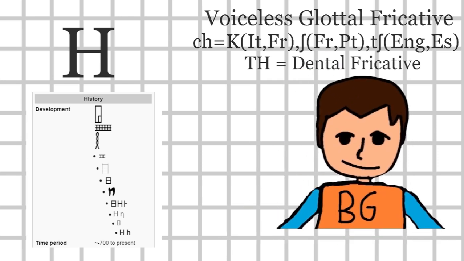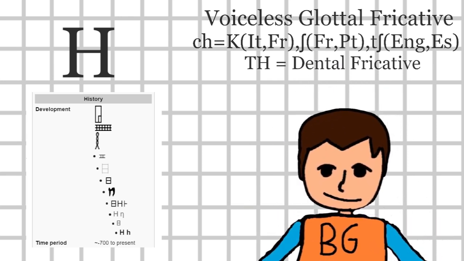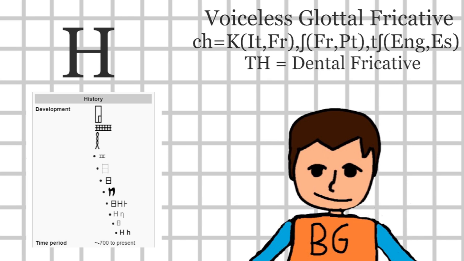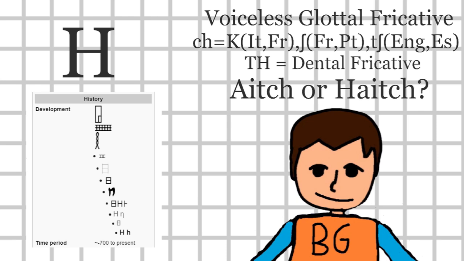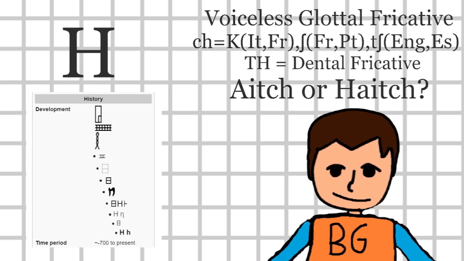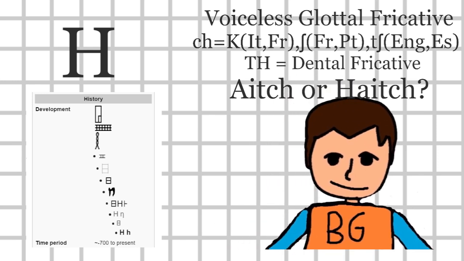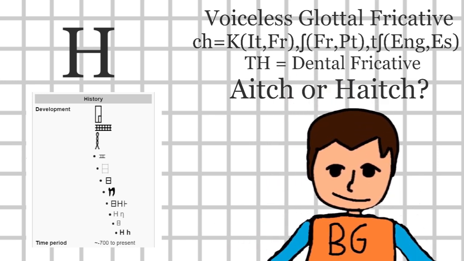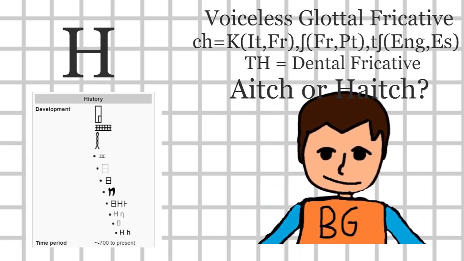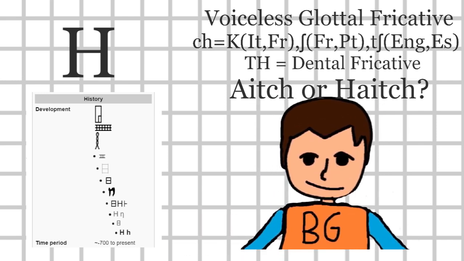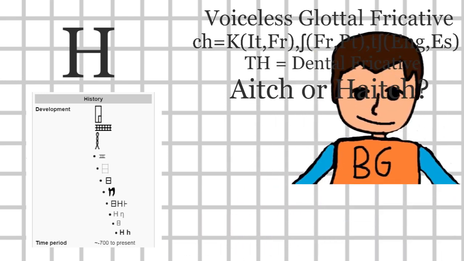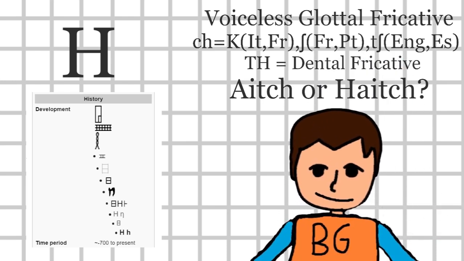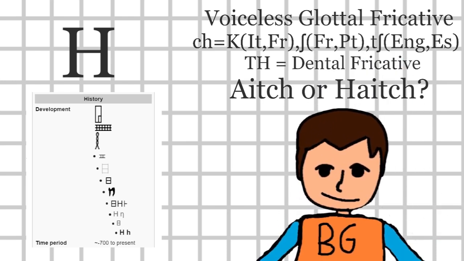Now, let's move on into something a bit different, right? So, when you hear the letter H, you come up with a letter, right? But what about its name itself? So, there is this debate going on with aitch or haitch. You see, most letters in the English alphabet, such as F, M, L, N, O, P, etc., all have in their name the letter, like the sound that they represent.